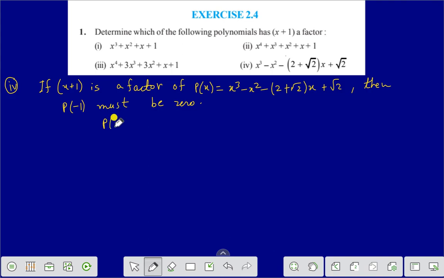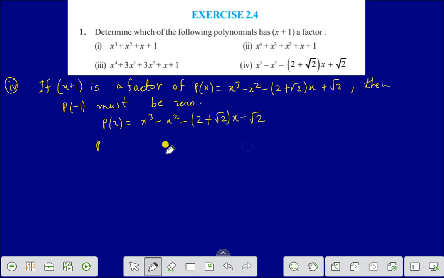And let us find. Here P(x) is given as x cube minus x square minus (2 plus root 2) x plus root 2.